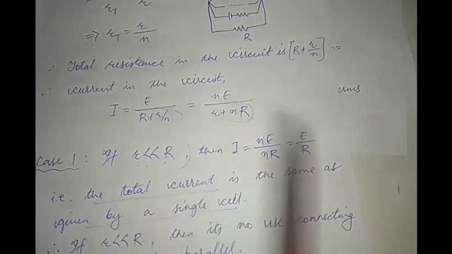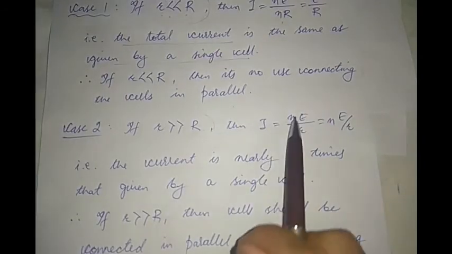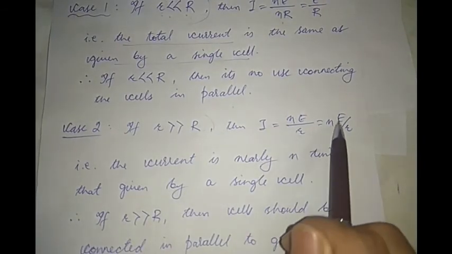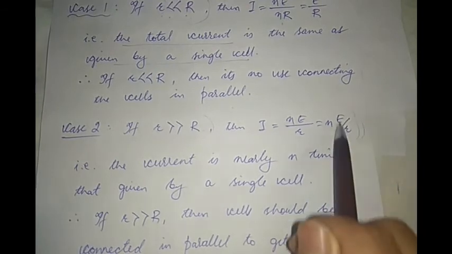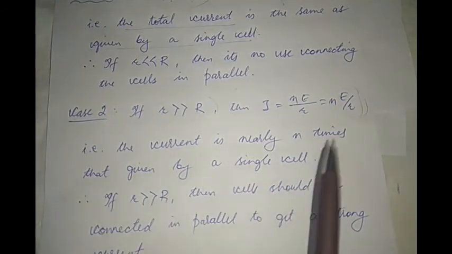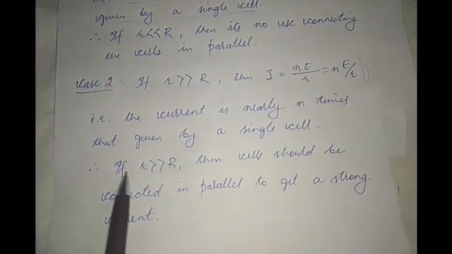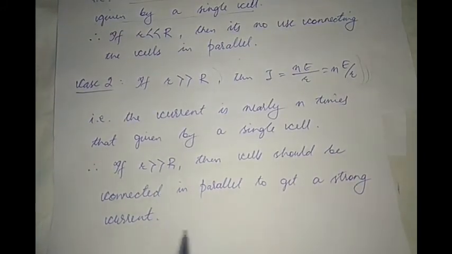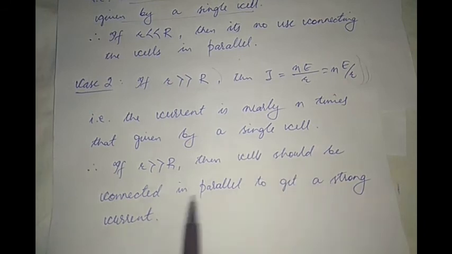So we have nE upon small r. So the current is nE upon small r, which is n times the current given by a single cell. So the current is nearly n times that given by a single cell. Therefore, if small r is much greater than capital R, then cells should be connected in parallel to get a strong current.